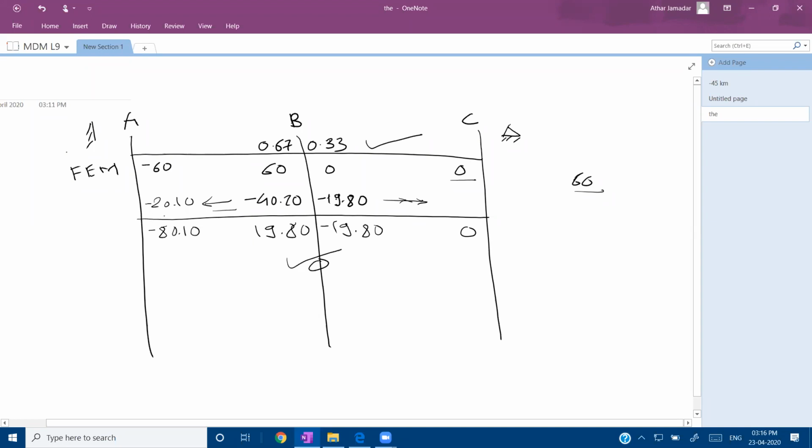So it is minus 60 minus 20.10, it is going to be minus 80.10. 60 minus 40.20 is going to be 19.8. Then 0 minus 19.80 is going to be minus 19.80, and this support is already 0. Now if you calculate unbalanced moment at support B, it is going to be 0. That means this problem is solved here, and this is nothing but your MAB, this is MBA, this is MBC, and last one is MCB.